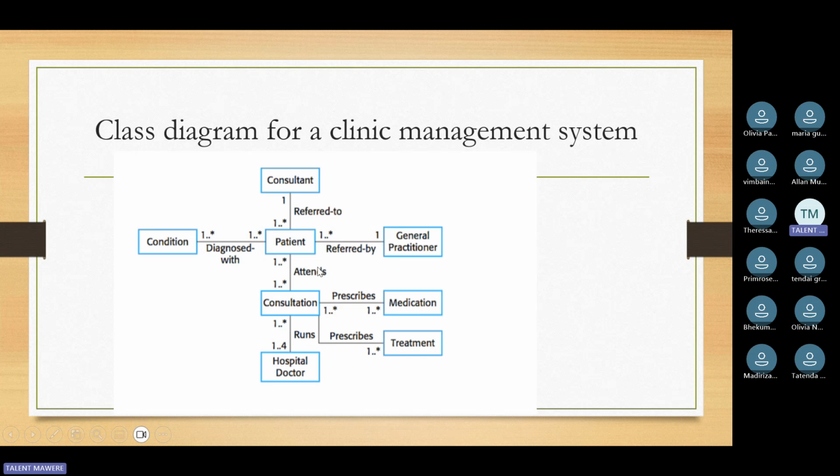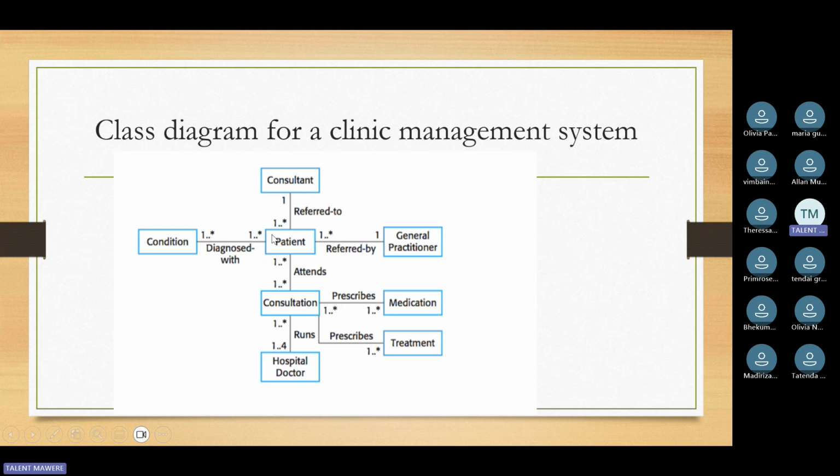Notice something, all the associations in a class diagram have a unique name. Each association should be associated with a name. The association between condition and patient is diagnosed with. The association between a consultant and a patient is referred to. The association between a patient and a general practitioner is referred by.